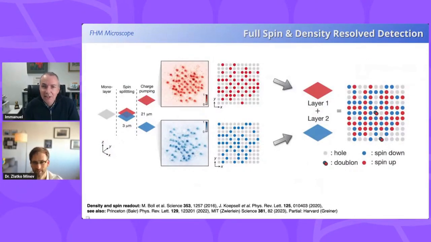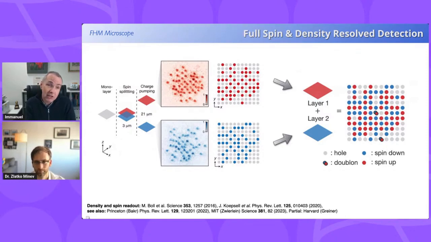What that is? So the doublon just means, you remember, think of electrons, you have a spin up electron and a spin down electron on a lattice. And so if you have a spin up and a spin down on a lattice site, that's what we call a doublon. By the Pauli principle, you cannot put 2 spin ups on one site. That's blocked by the Pauli principle.